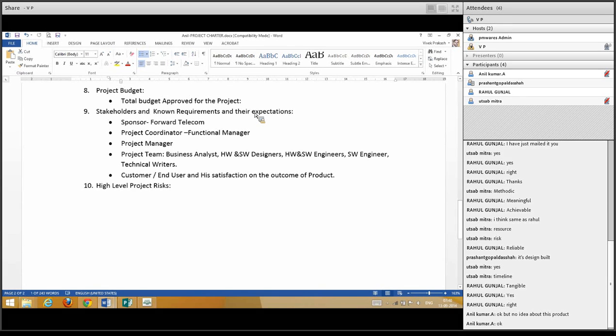I tried to give this advice at the time when I was giving the case study: think of a segment or some audience, think of a mobile phone for that particular segment, and then try to write this charter for that particular mobile.